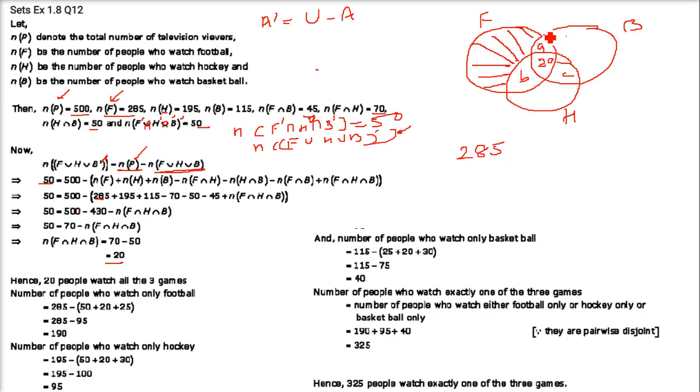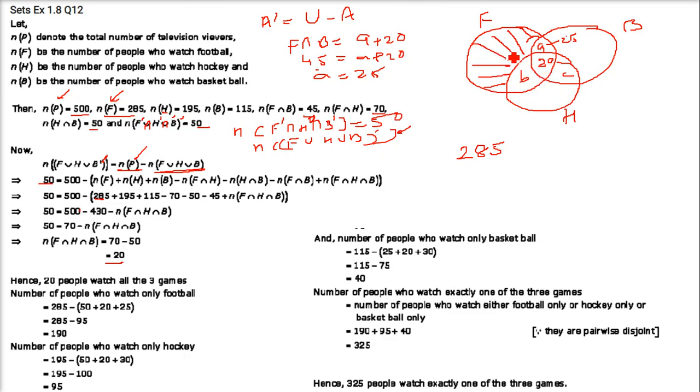Then this is the intersection between F and B, that is F intersection B, which is A plus 20. And what is F intersection B? It is 45. So A is 25.